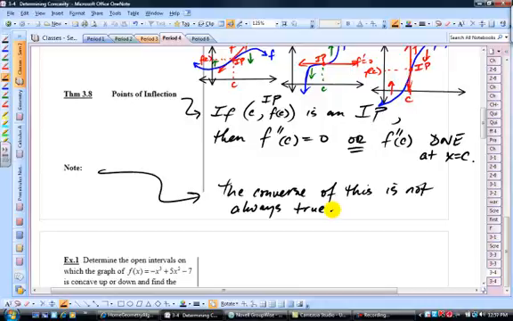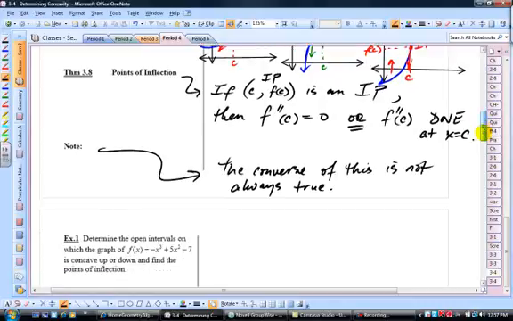In that, meaning that if you set the second derivative equal to 0 and you solve for all possible values of C, they're not always inflection points. What you're going to have to do is do a sign analysis on the second derivative and check for a change in concavity from either up to down or down to up, because sometimes it doesn't change concavity at all, in which case that C value is not an inflection point at all.